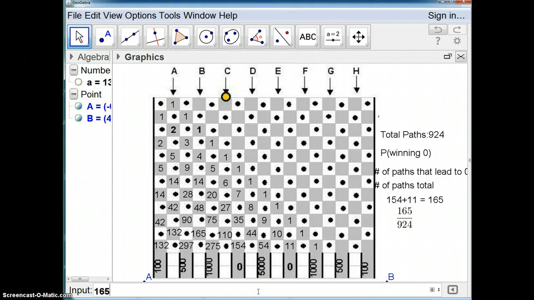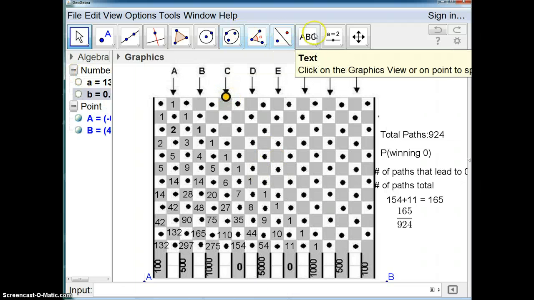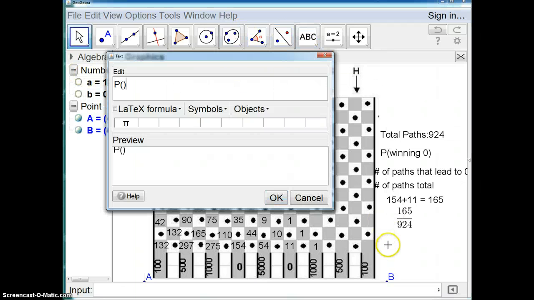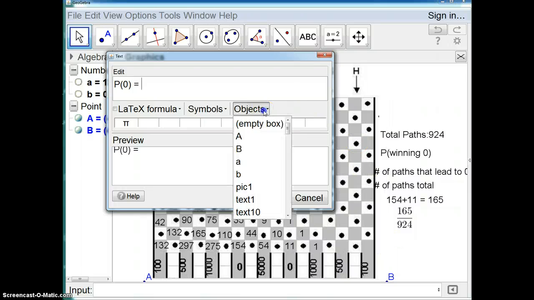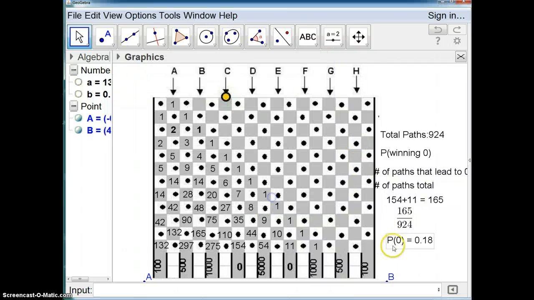And of course, when we do that, 165 divided by 924, we get P of 0 equals 0.18. So there's an 18% chance if you were to drop the coin in slot A that you will end up with $0.